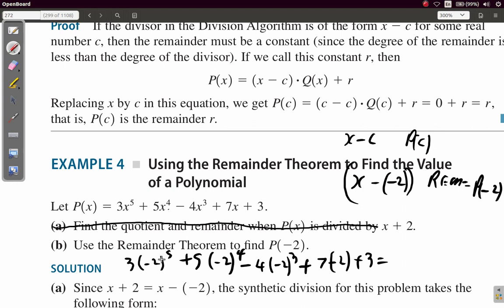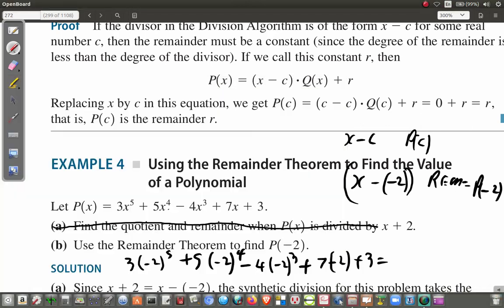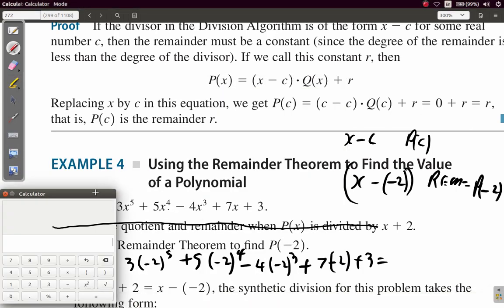2 to the 5 is 32, but negative 2 to the 5 is going to be negative 32. So 3 times negative 32, what do you get? 3 times 32 is 96, but it's negative, so you have negative 96.